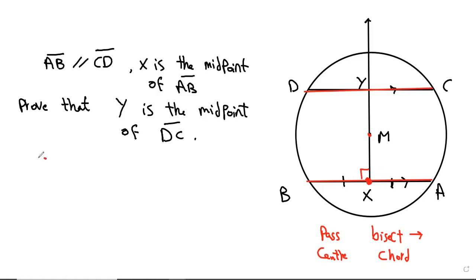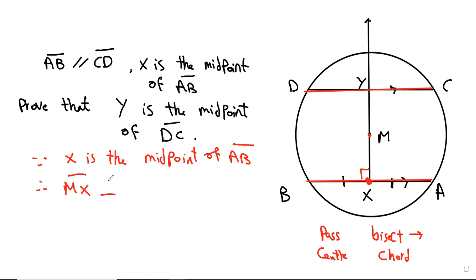So here we are going to write, since X is the midpoint of AB, then MX is perpendicular to AB. Here we have two parallel lines.